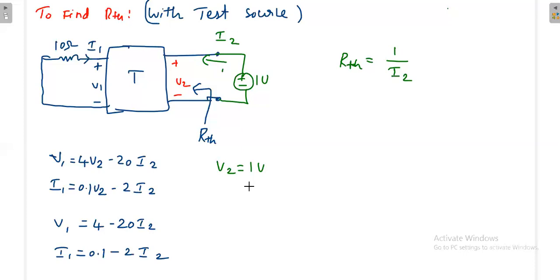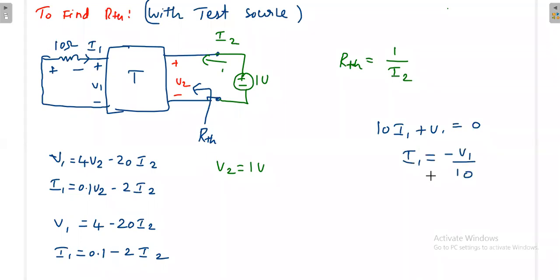So we'll apply some relation here, because this is left here. You apply KVL here. Then you see this is plus and minus, so the voltage there is 10 I1 plus V1 is equal to 0. So that means I1 is equal to minus V1 divided by 10.